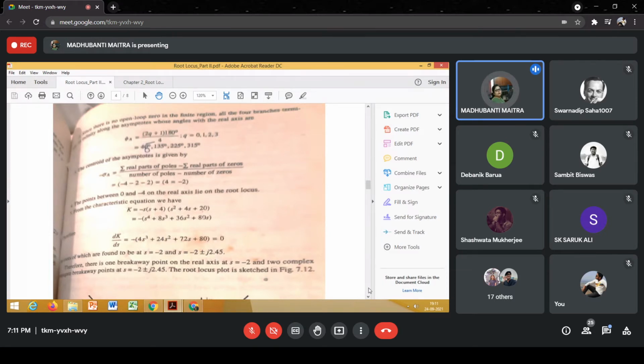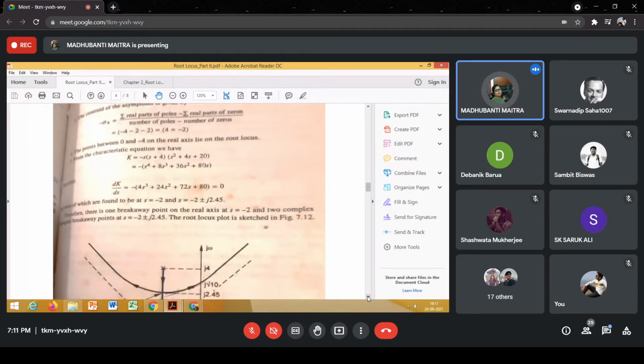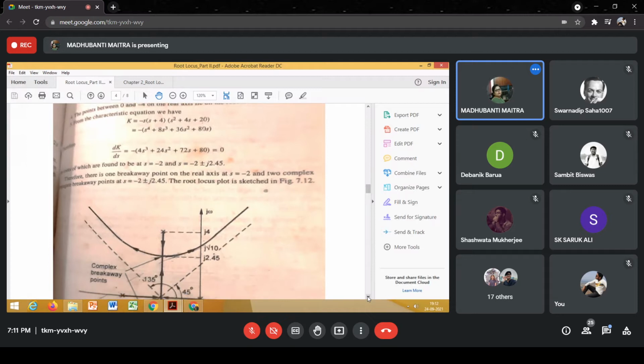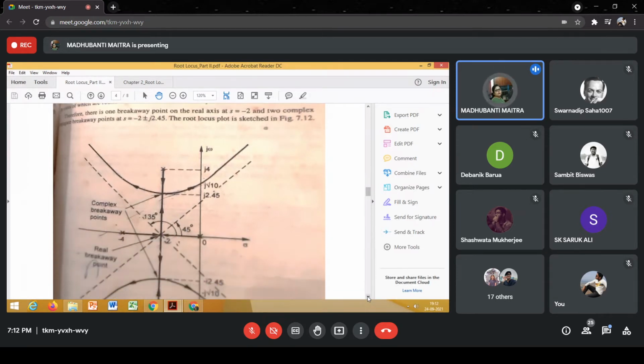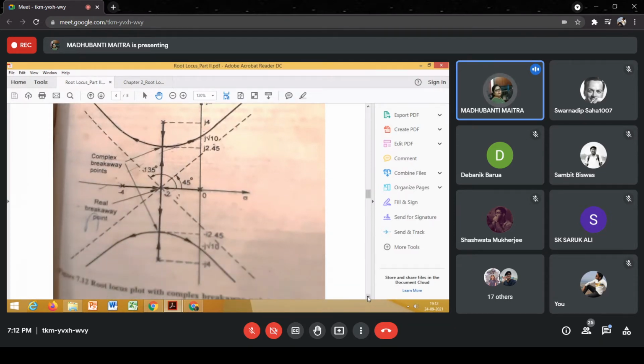So if you apply the angle criterion, you will find that yes, this point will be a point on the locus, hence the conjugate point will also be a point on the locus, and these two roots will be two breakaway points. So in this case, if you sketch the root locus, we'll find that we'll get three breakaway points.